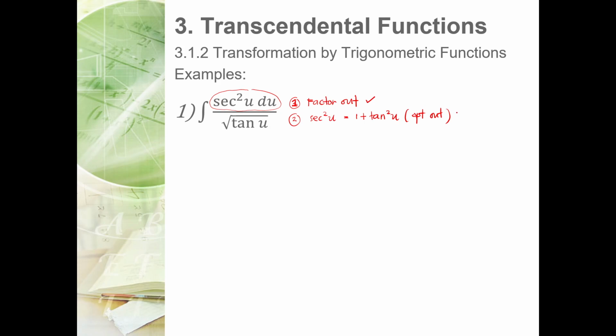Okay? We don't have an extra secant squared here. So the third step is now the u sub. Okay, so again, as if you try to review the first type, the factored out term is usually the du parameter.